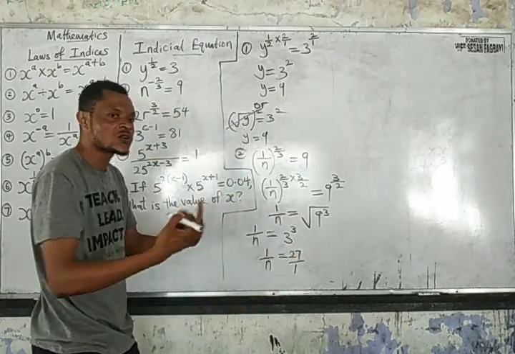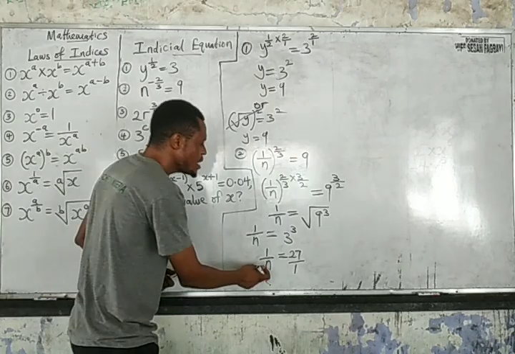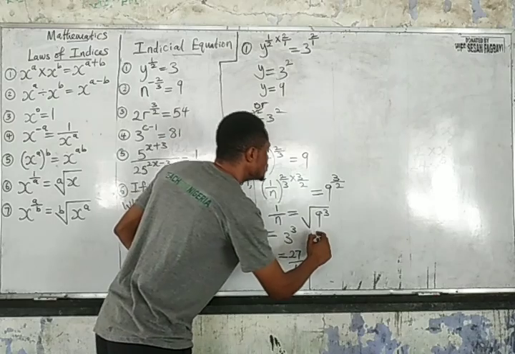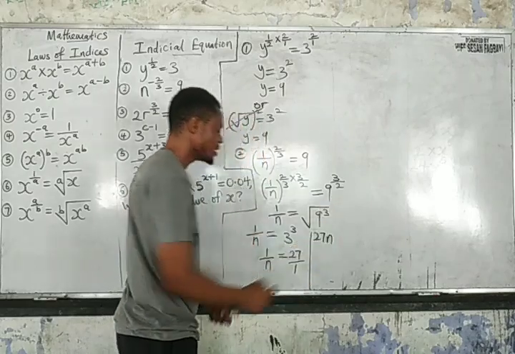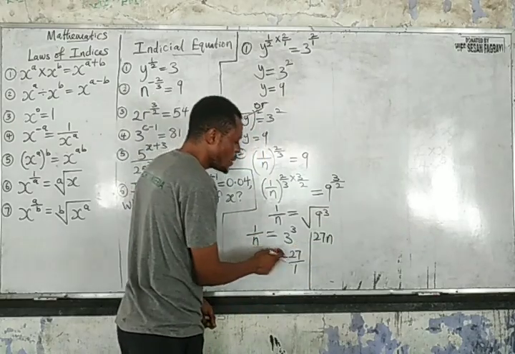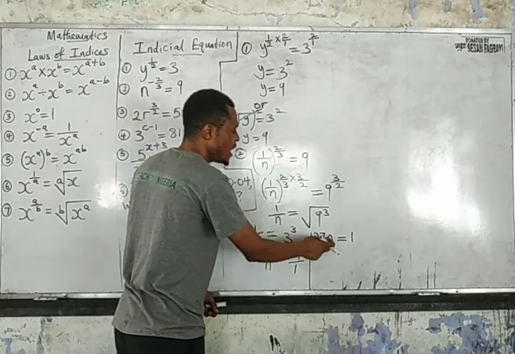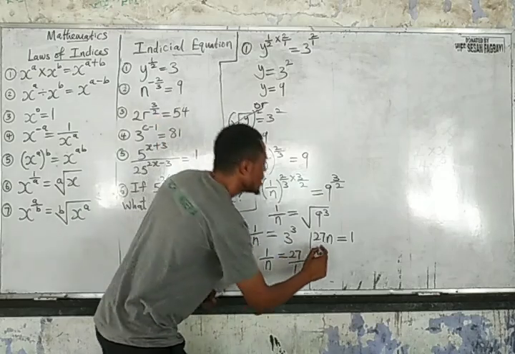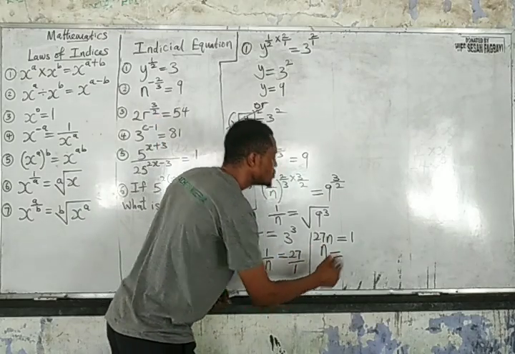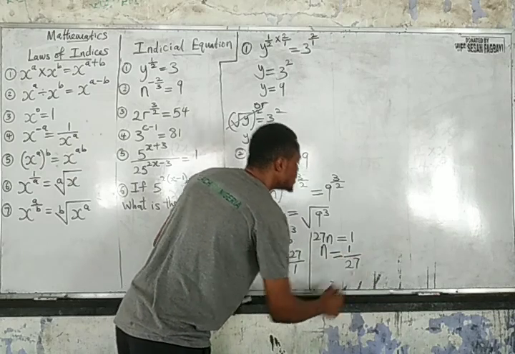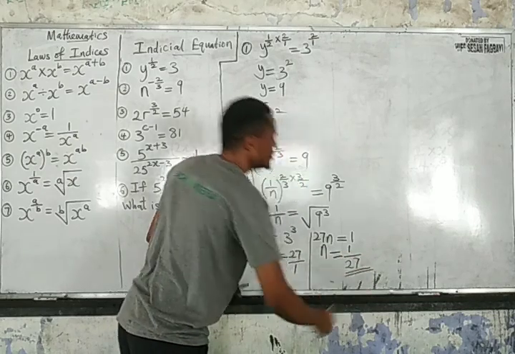So by the time we cross multiply, n multiplied by 27 will give us 27n. Then 1 multiplied by 1 will give us 1. So making n subject of the formula, your n is going to be 1 all over 27. Easy.